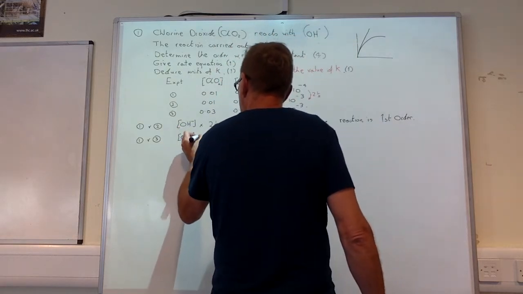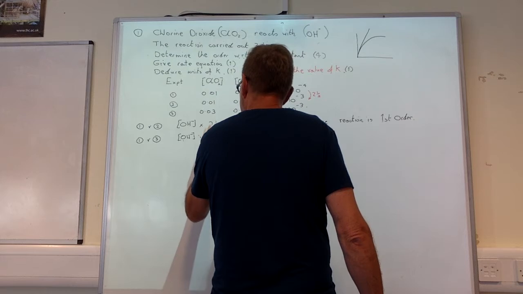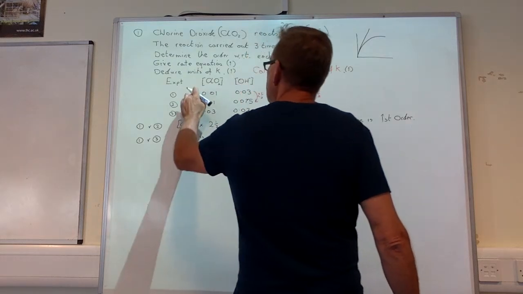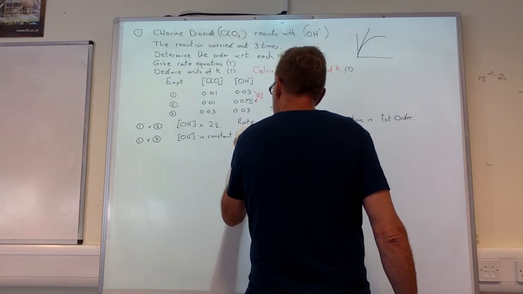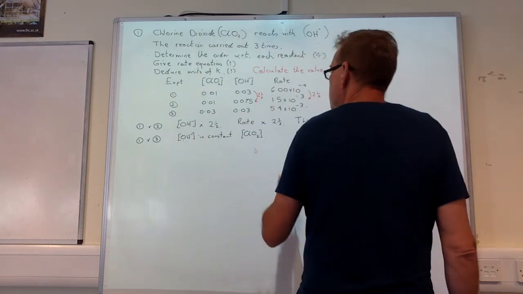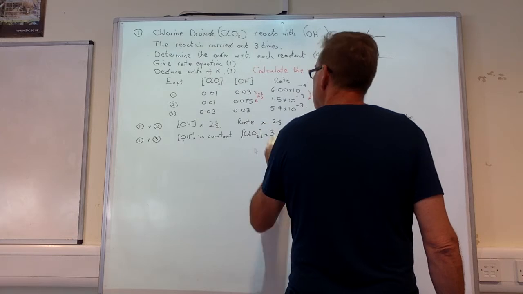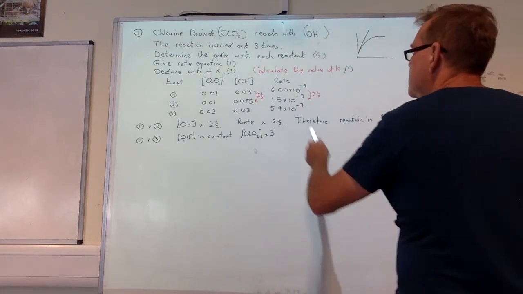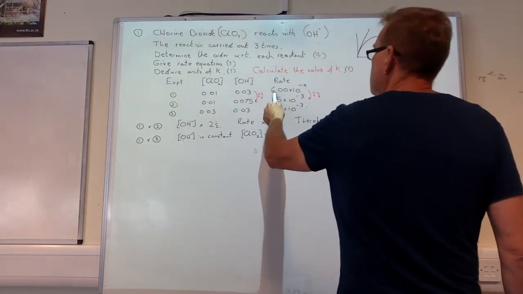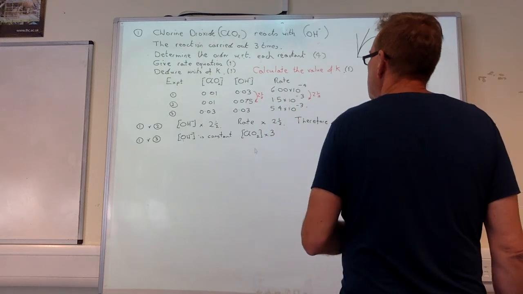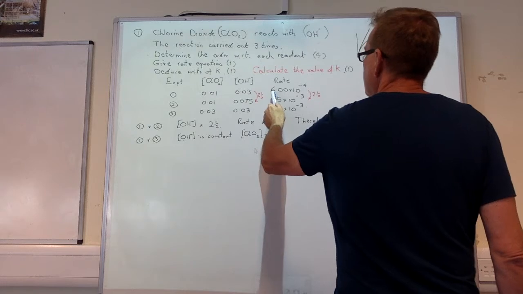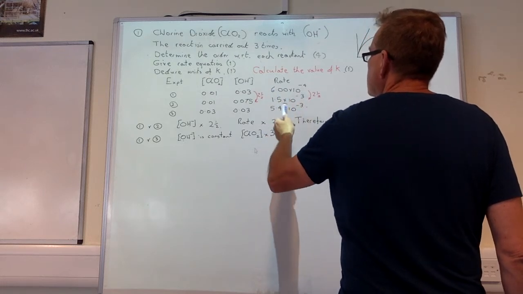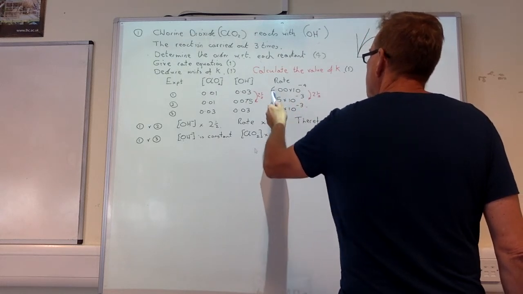Maybe I should have written that on the one above, to be clear. Stays the same, right? The chloride concentration, 3 times. What's happened to the rate? 6 times 10 to the minus 3. Well, if it's doubled, it'll be 12 times. So if it's 3 times higher, it'll be 18 times 10 to the minus 4, but it ain't, right?